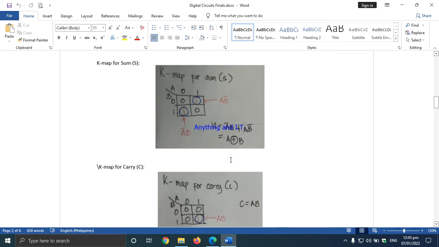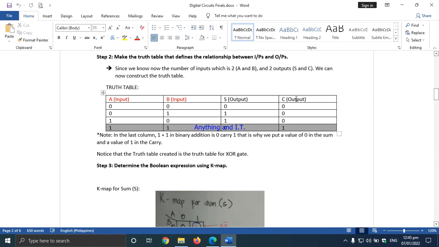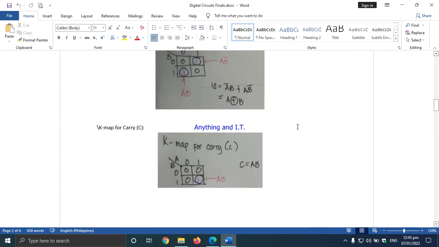Now, you also need to do the K-map for carry. Okay, so in our truth table, here is our carry. So, same as the sum, we will make a K-map for carry. I'll just plot what's in the truth table.